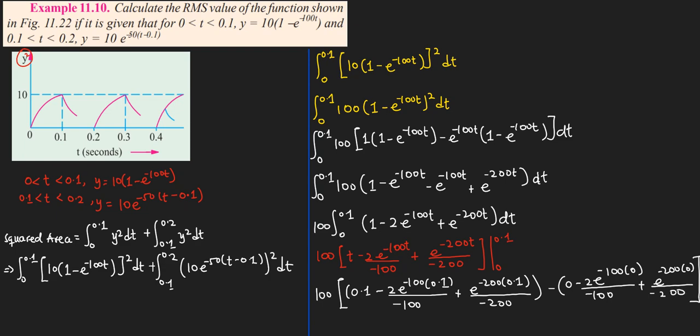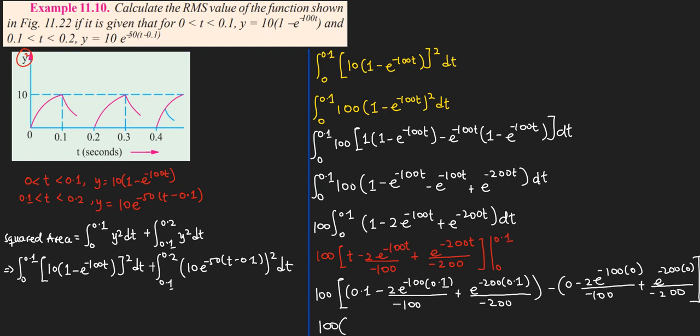So let's simplify this and see what you are going to get. So you're going to have 100 multiplying. I'll do the first bracket, we have 0.1 minus 2 multiplying e to the power minus 100 multiplying 0.1 divided by minus 100, plus e to the power minus 200 multiplying 0.1 divided by minus 200. Let's see what you're going to get.